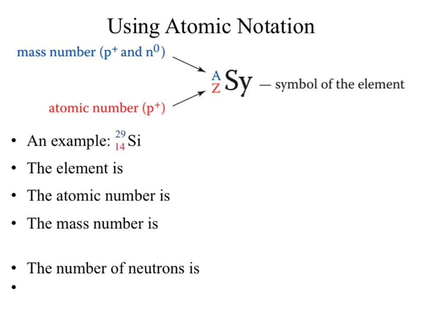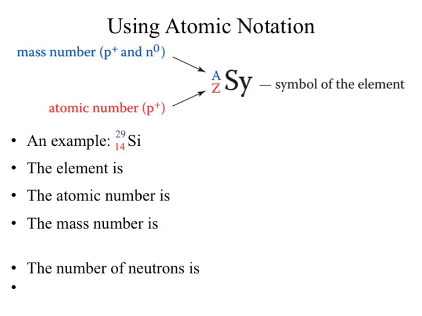I was going to go with the atomic number 14. If we go with the atomic number being 14, how do you know it's silicon? Because of the periodic table. 14 matches Si, which is the exact same thing that's already shown. So you'd still need to know that silicon is Si.